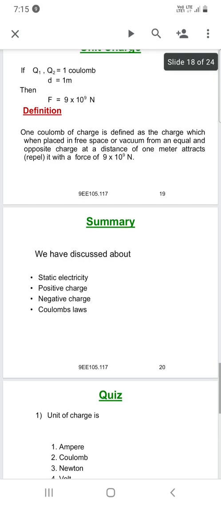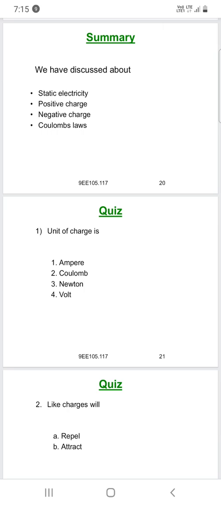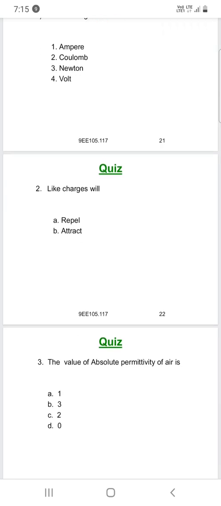So the unit of charge is option B, coulombs. Next, the second quiz question: what will happen if two like charges, that is positive and positive, or negative and negative, are placed together? Like charges repel each other, so option A is the correct answer.